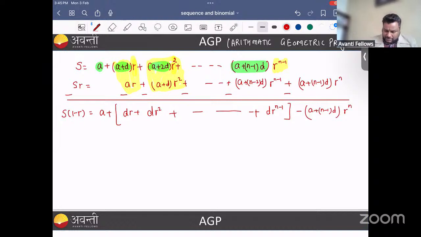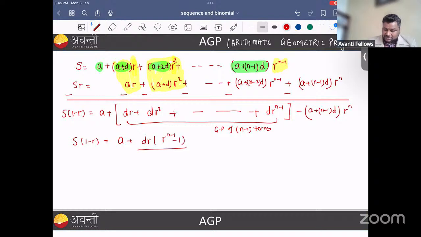Got it? Now if I simplify it a bit, S(1 minus R) is A plus, and this part is a GP of n minus 1 terms. So it is DR (1 minus R to the power n minus 1) upon (1 minus R), minus (A plus (n minus 1) into D) into R to the power n.